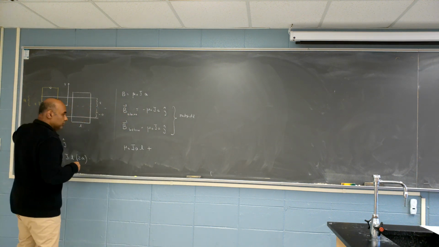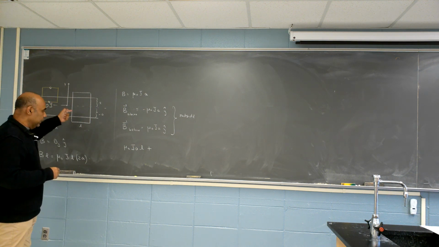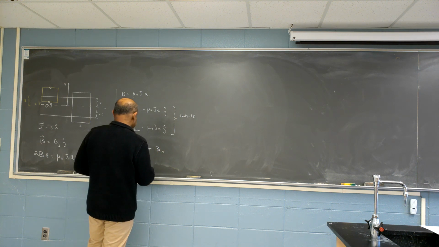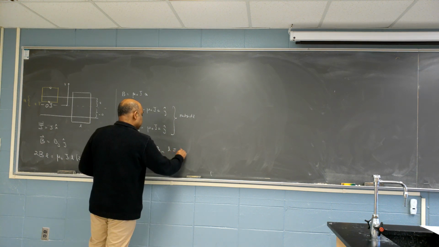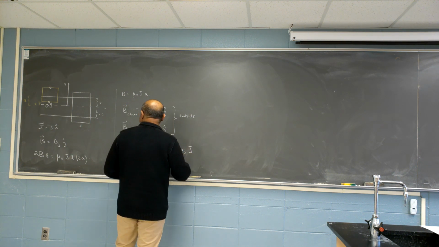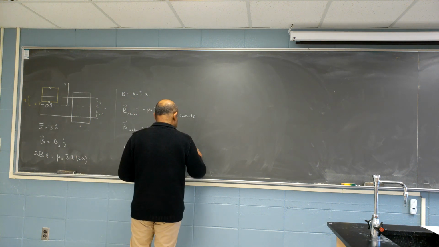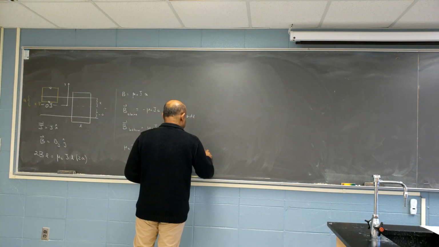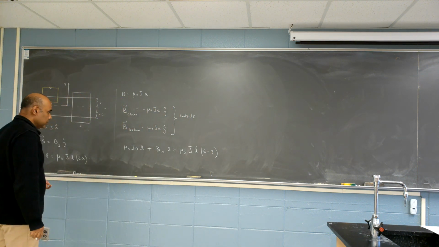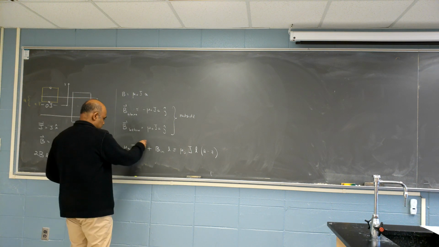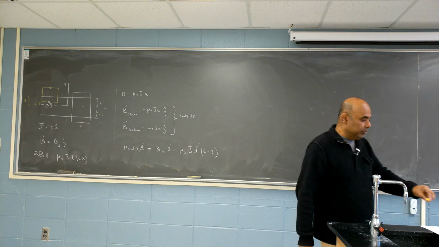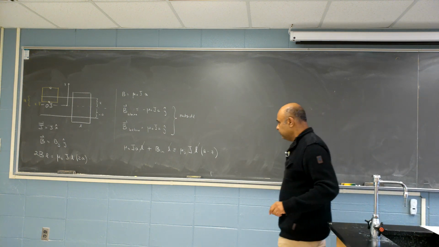Or rather, plus or minus will make it clear. B inside times L is equal to mu 0 J, L's cancel, and I would have A minus Z. This L is an artifact of the Amperian loop, so it goes away.